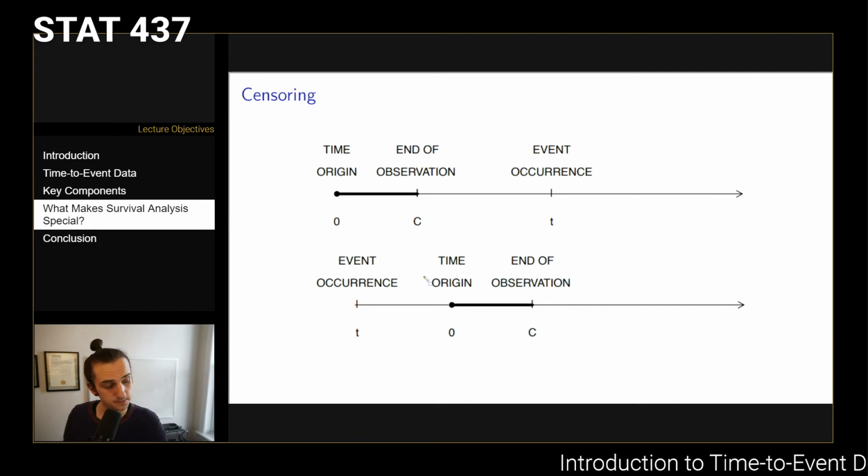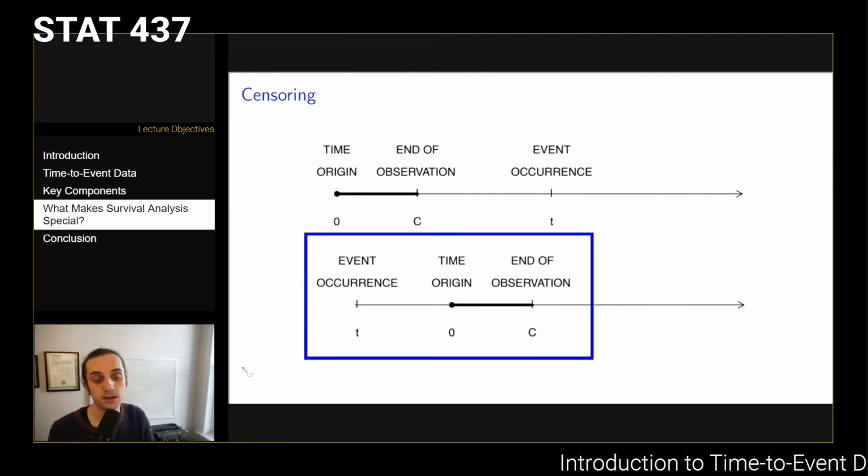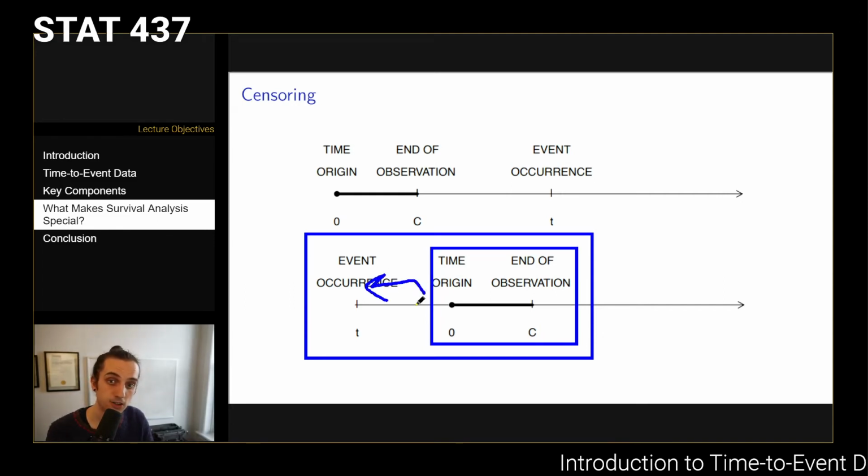And in particular, if you're thinking about that cigarette example, people aren't going to be able to report very deliberately or very specifically very often, right? If someone started smoking when they were in their teens and you're talking to them when they're 50, they're probably not going to remember down to the day when they started smoking. And so we're in this situation where we have an observation window for the individual, but the event occurred before then. We call this left censoring because the event occurred to the left of the observation window. Okay?